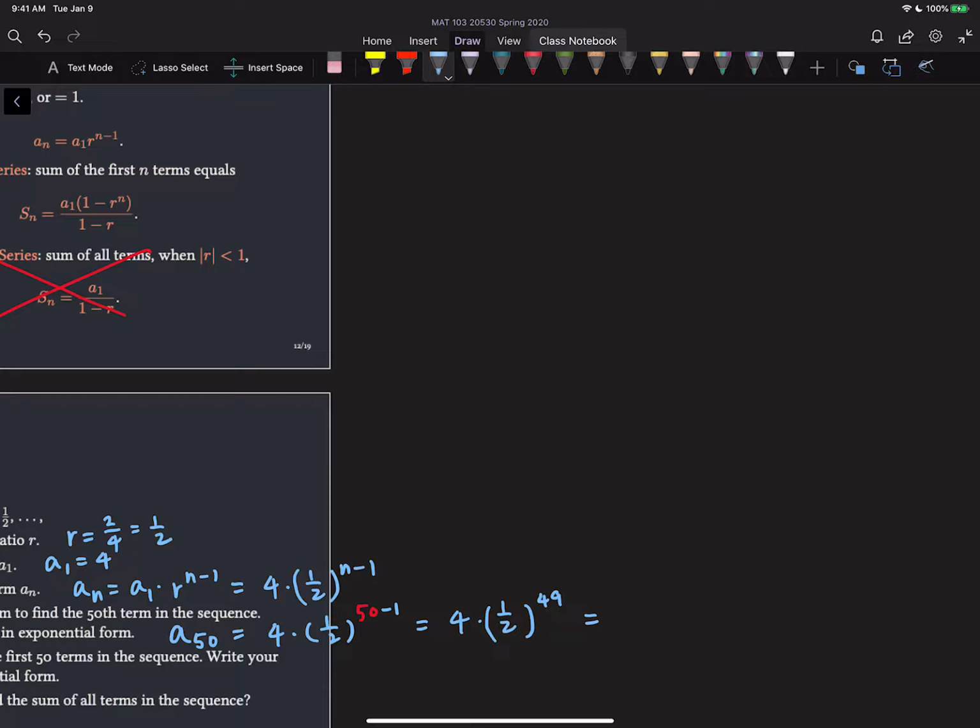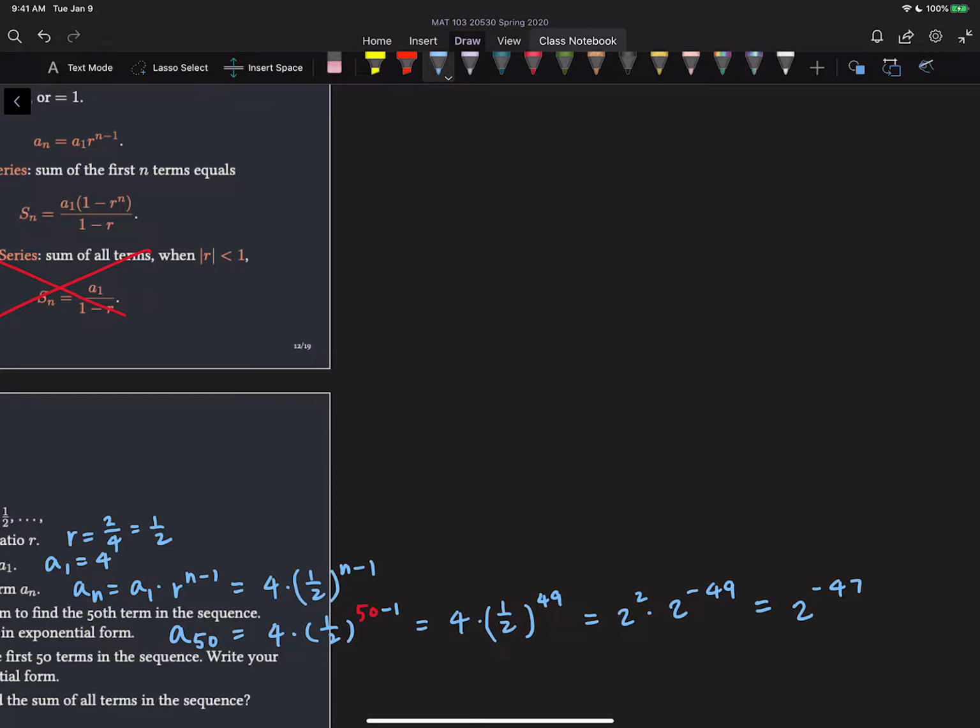This is the same thing as 2 squared times 2 to the negative 49. So I'm just using some of the exponential properties. Rewrite both of them as the same base, which is 2. And then I apply the product rule at the exponents. So it's equal to 2 raised to the power of negative 47.